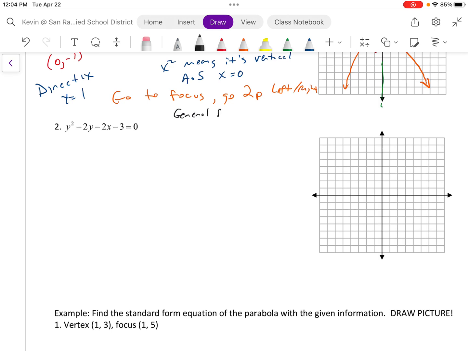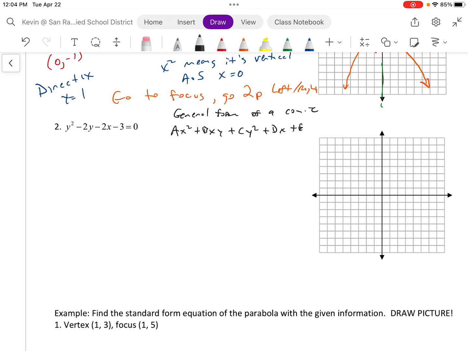Okay, now we're looking at an equation that is in the general form. Remember what that is?